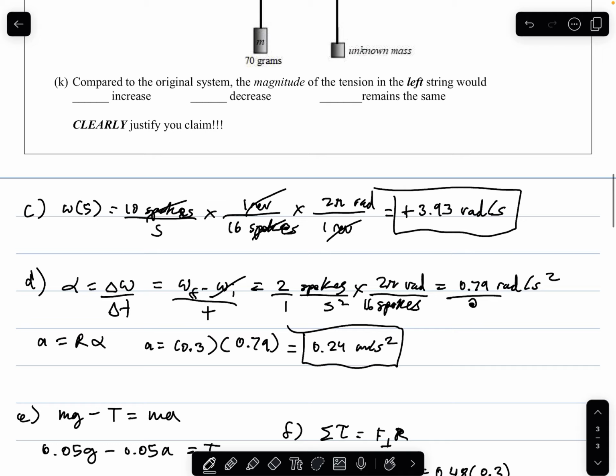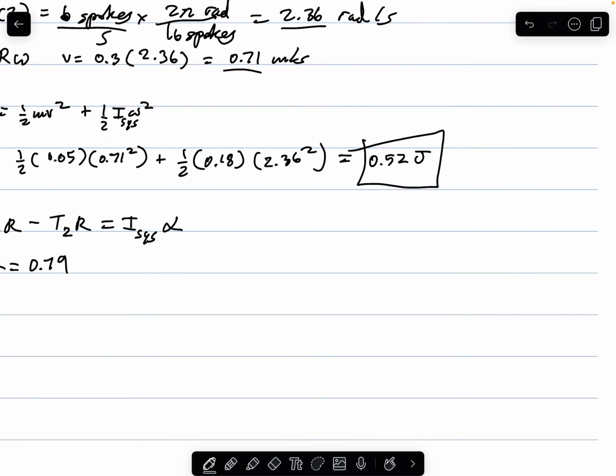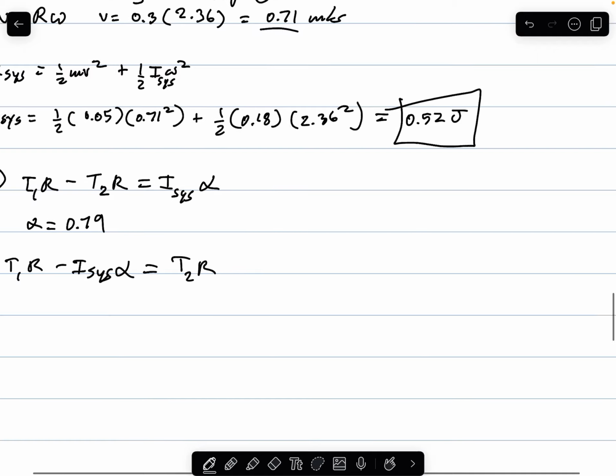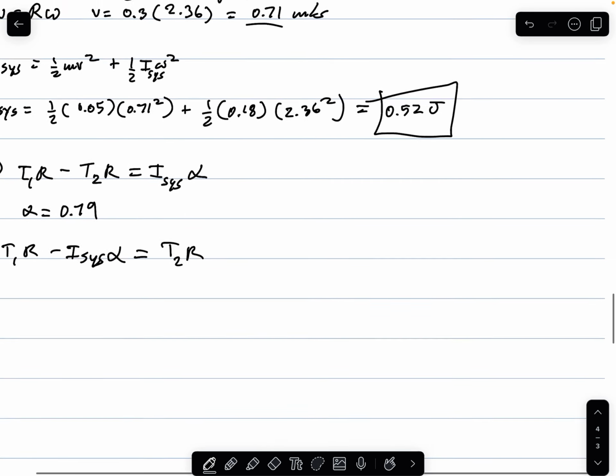So that's what we know. And now I'm going to substitute T1 and T2 into the equation. Actually, I'm only going to substitute T2. So let me move I system times angular acceleration to the other side, and add tension 2 times radius to the right side.